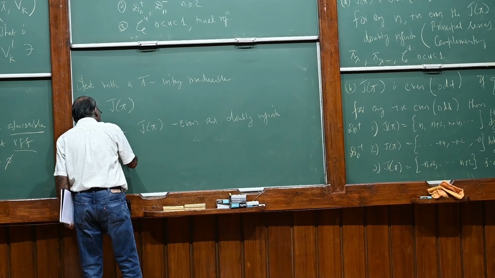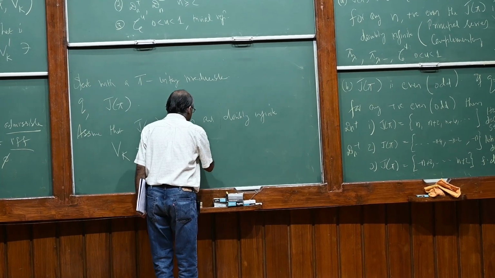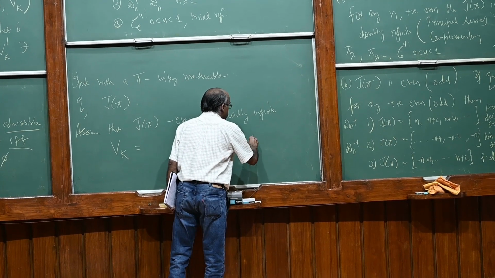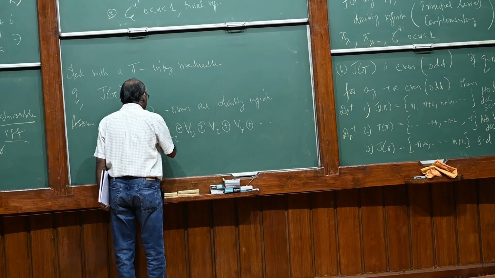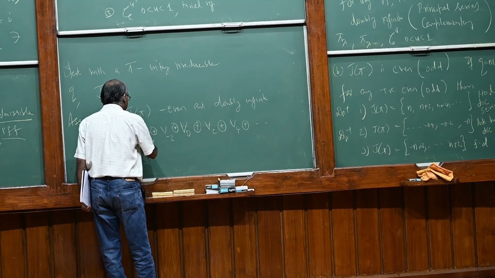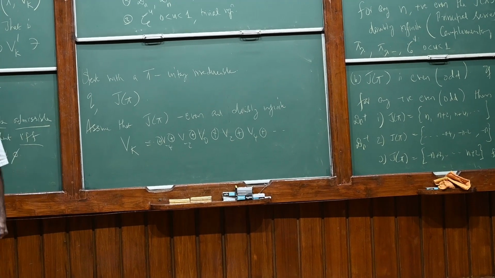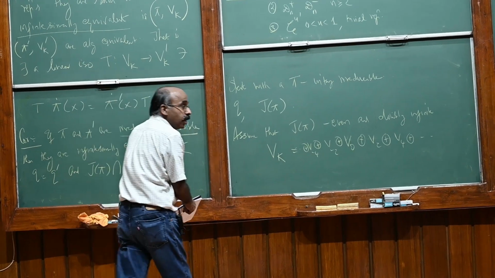So my space V sub K is going to look like V0, direct sum V2, direct sum V4, etc., and to the left I have V minus 2, V minus 4, and so on. That's how the K-finite vectors are going to look. Remember that all the Vn's are one-dimensional, and they are all orthogonal to each other.